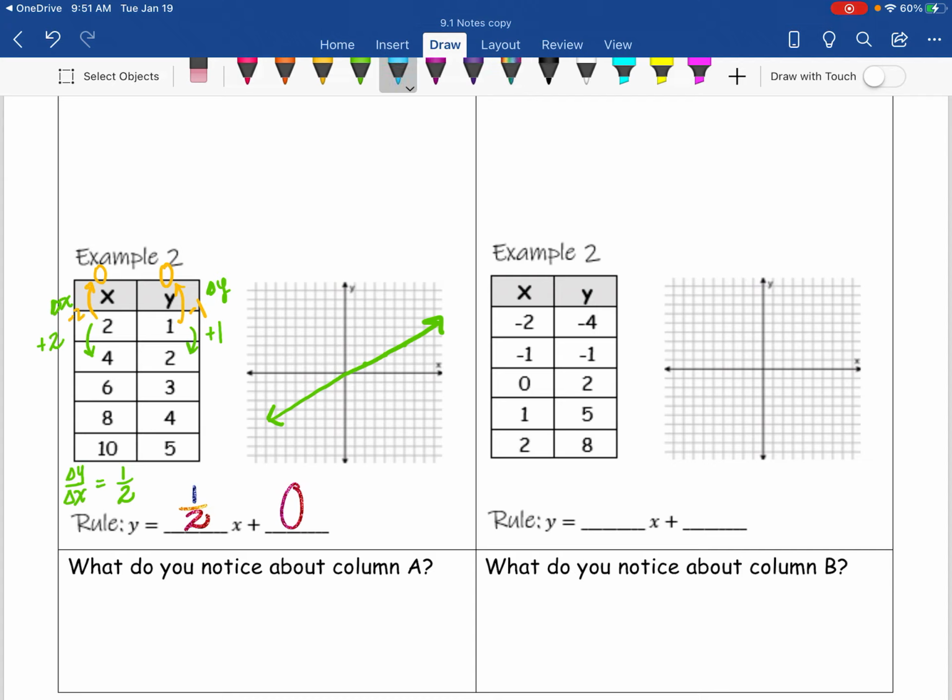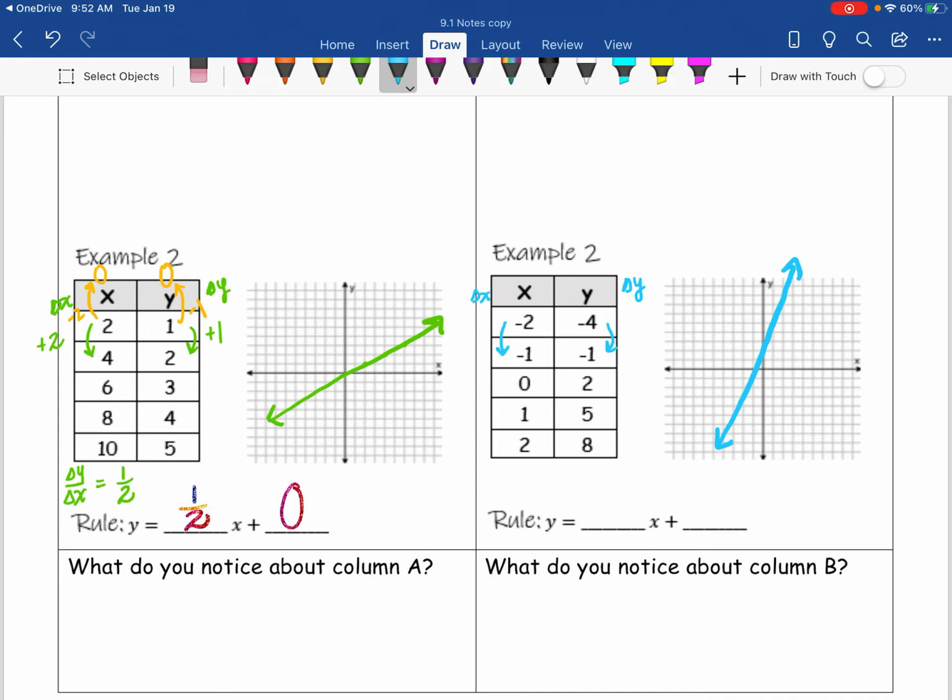Then we're going to move on to our last example, which is example 2 in column B. Plot your points, and connect them. You can plot all of the points; I just plotted enough so I could get the line drawn. Okay, and then we're going to go ahead and look at the change in y over the change in x.